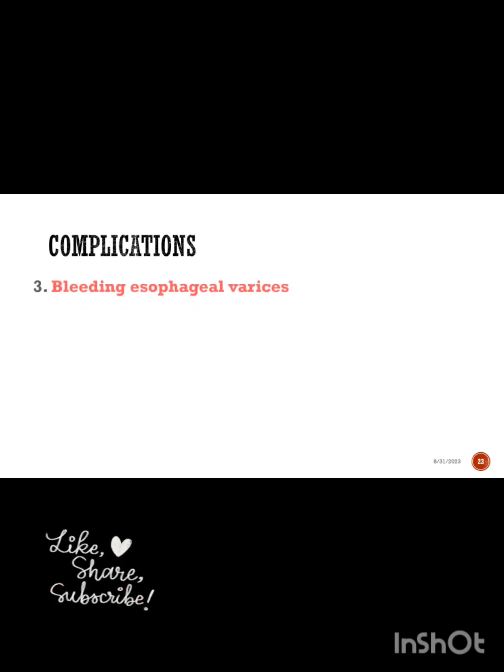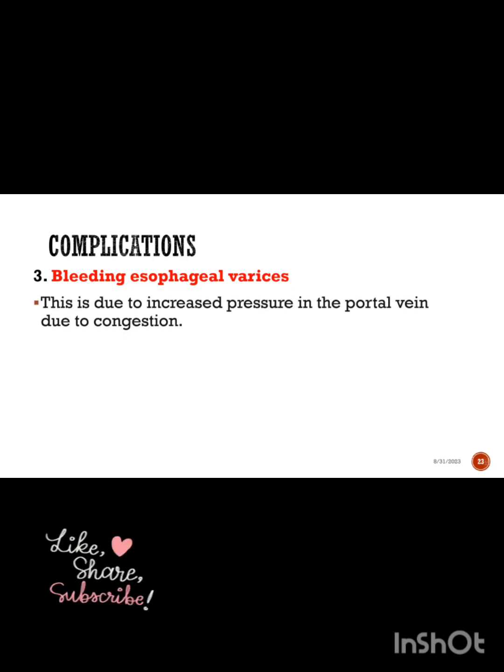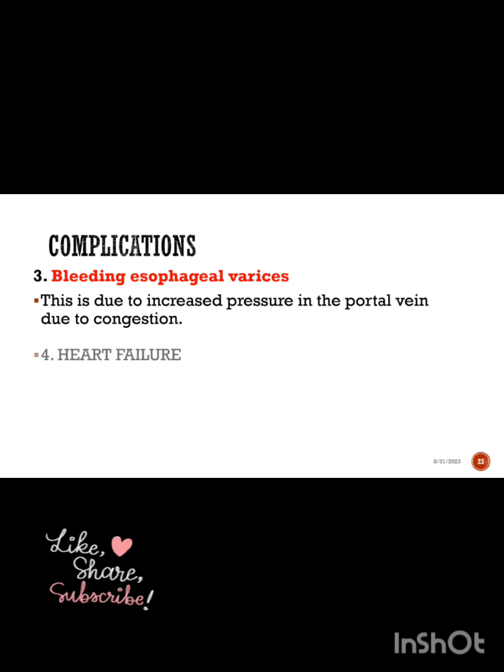Then the patient will also have bleeding esophageal varices. Now these varices are as a result of backflow or congestion of the liver, because the liver is cirrhosed and cannot function properly. So there will be portal vein congestion leading to bleeding in esophageal varices. Then the patient is also going to have heart failure.